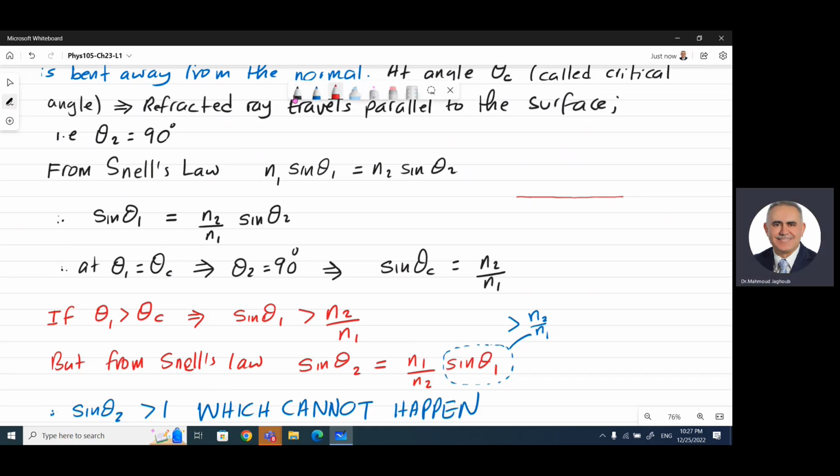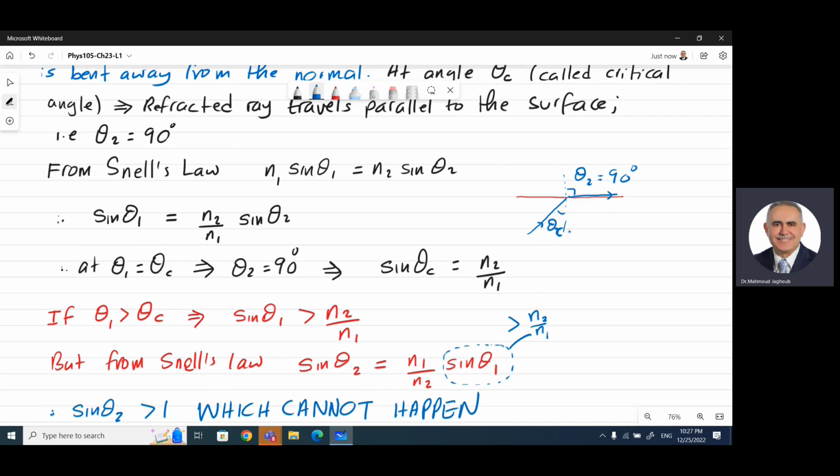Let's just make this clear. We have an incident ray, this is the normal. We have an angle of incidence, this is theta c, the incident theta critical. And this is the refracted ray now. Here the angle equals 90 degrees, meaning theta 2 equals 90 degrees. If this happens, we call this the critical angle.